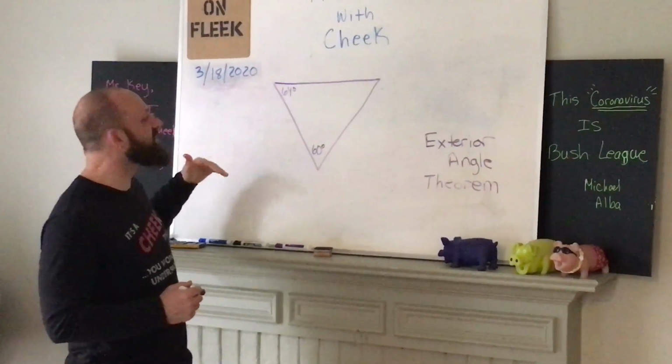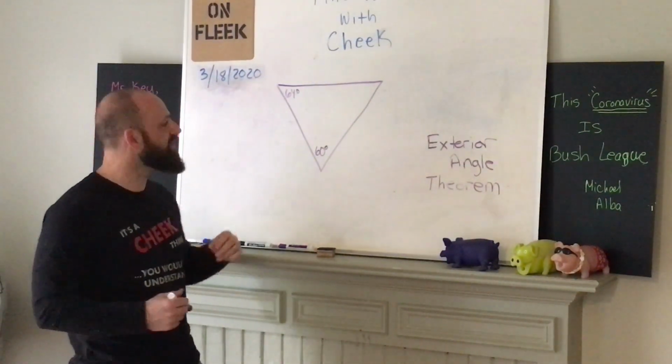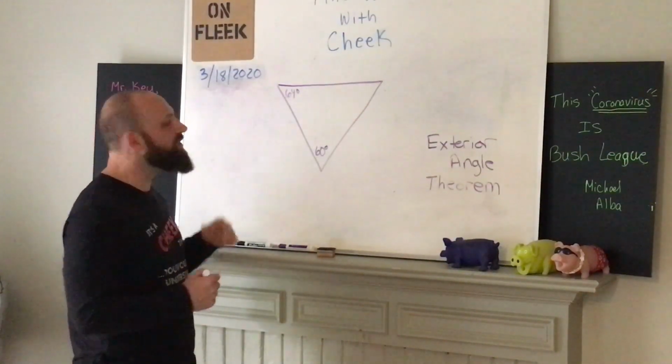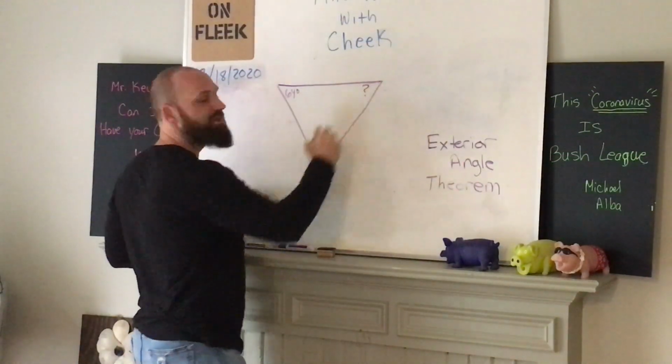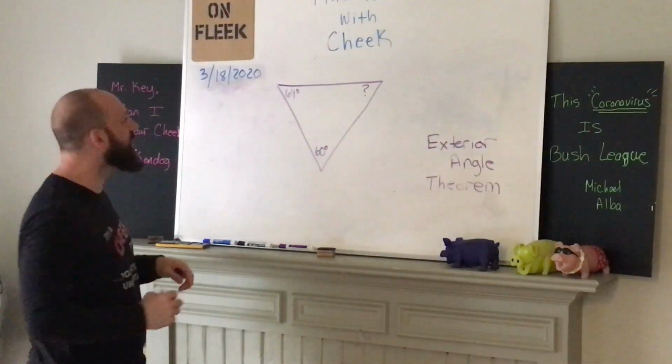So I've got a triangle here. I've got two of the interior angle measures. One is 60 degrees, one is 64 degrees. And so we want to find this other missing interior angle measure right here. What I'm going to do is add 64 and 60.